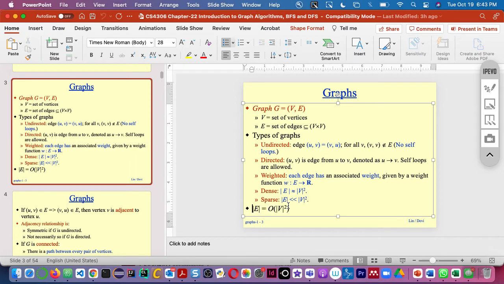We will see that for some applications using graph algorithms, the worst case complexity will be big O of V squared. Here you see uppercase and lowercase v's. Uppercase means the set, and lowercase means an individual vertex.